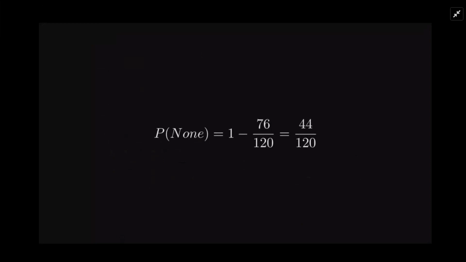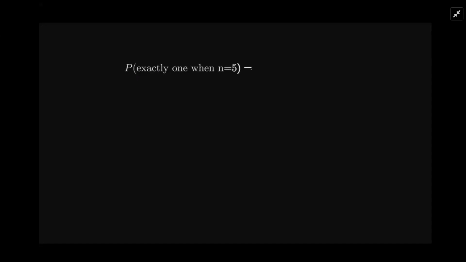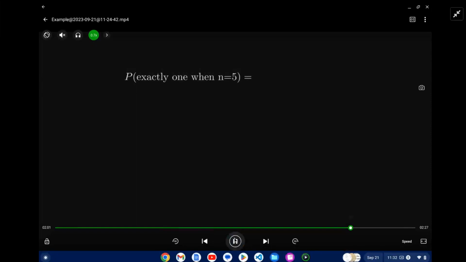Now the probability of exactly 1. You're going to have to pause, I think, and think it over. There are 5 ways to get that.